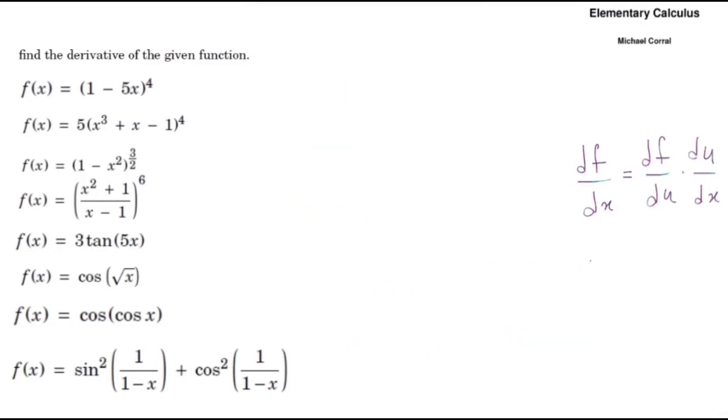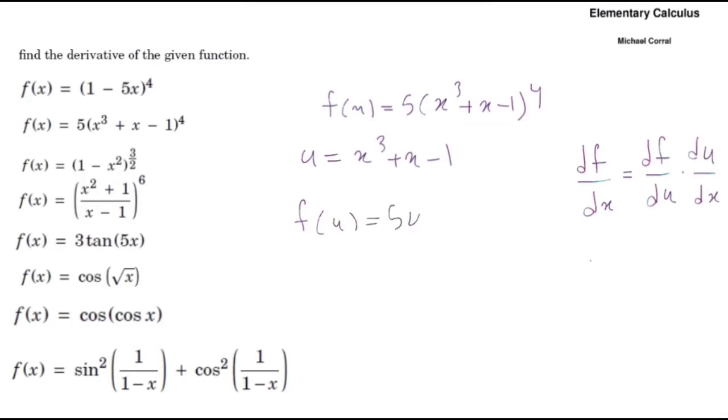The next function is f(x) equals 5 times (x cubed plus x minus 1) to the fourth power, and we consider x cubed plus x minus 1 as u, so u equals x cubed plus x minus 1, and f(u) equals 5u to the fourth power.